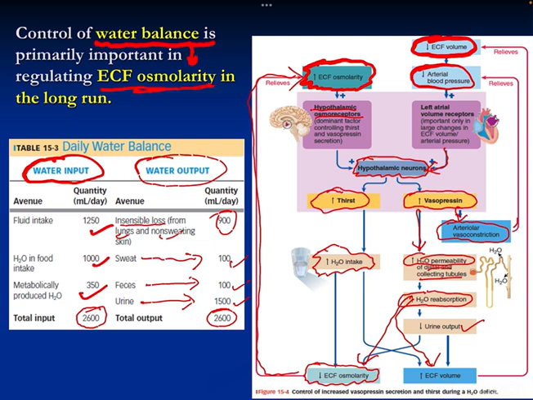This will relieve the decrease in blood pressure, and the increase in extracellular fluid volume will also relieve the decrease in extracellular fluid volume. This is actually under the negative feedback of homeostasis. So that's why control of water balance is of primary importance for maintaining the extracellular fluid osmolarity.